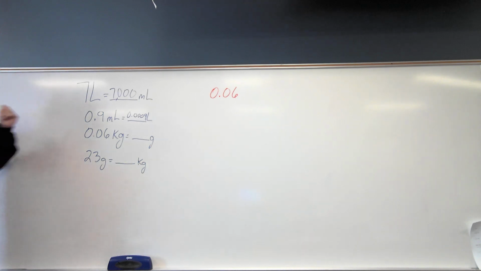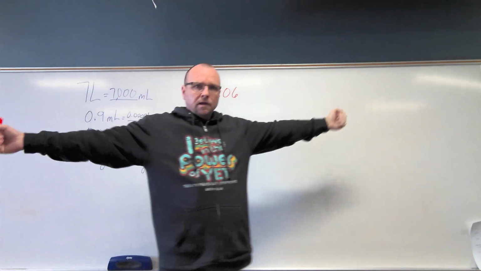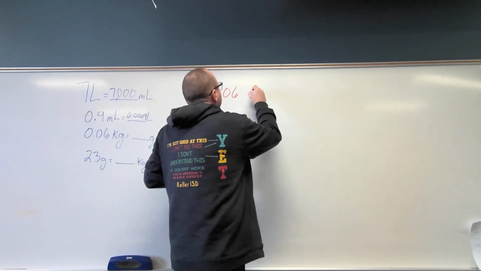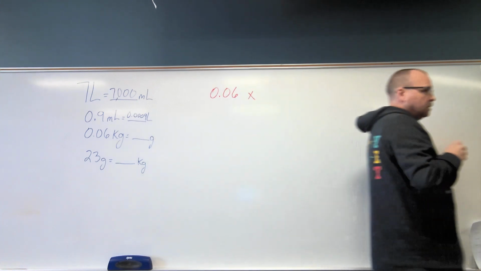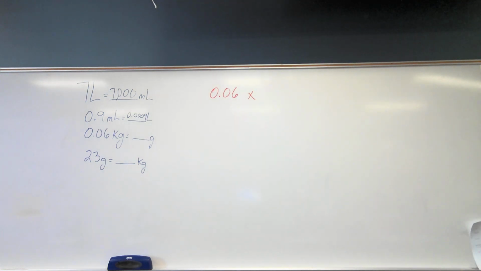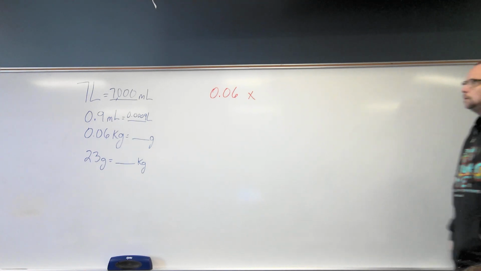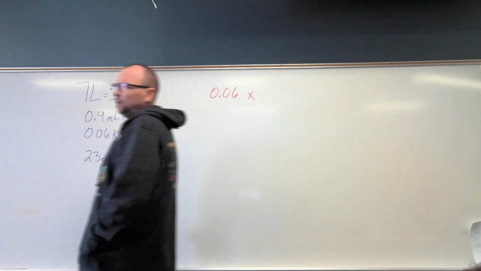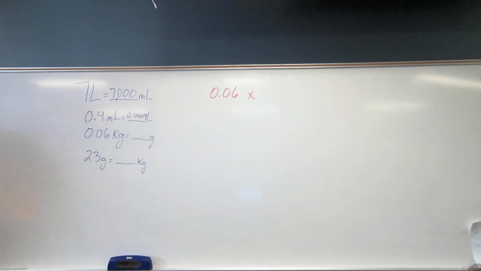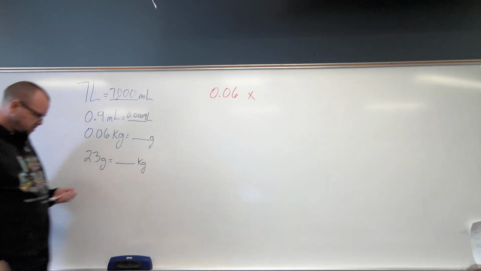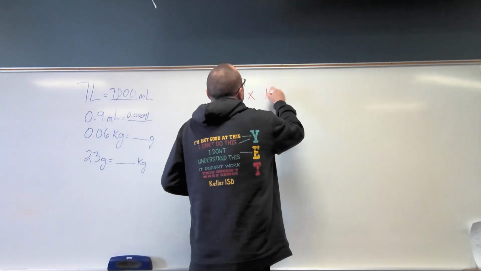Kilograms. So I'm going to multiply, because there are more grams than kilograms in one unit. It takes how many grams to make 1 kilogram? 1,000. So I'm going to multiply by 1,000.